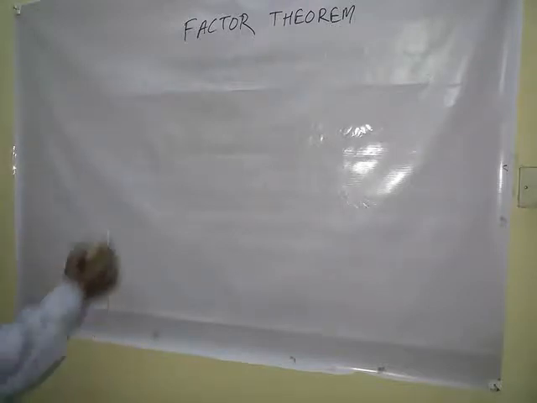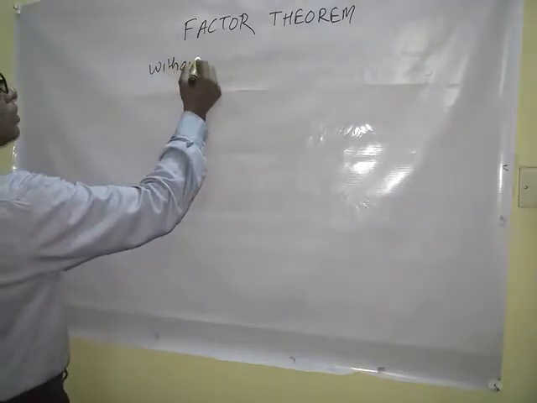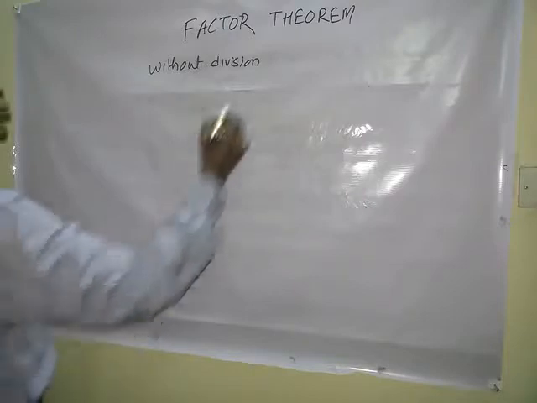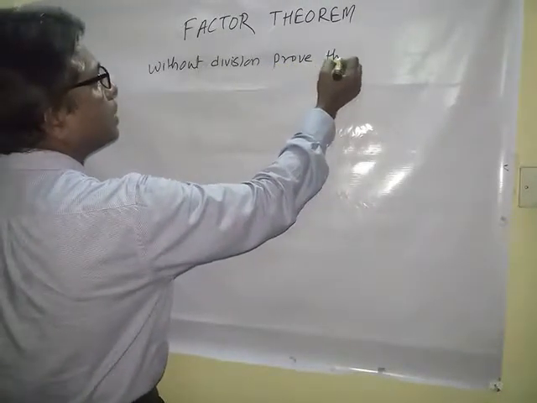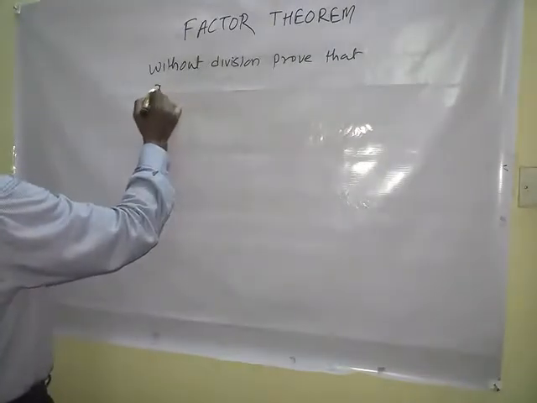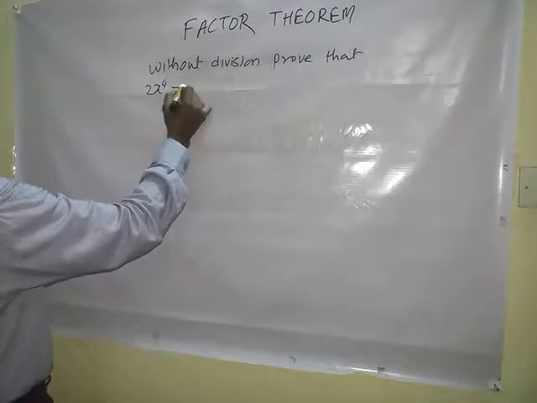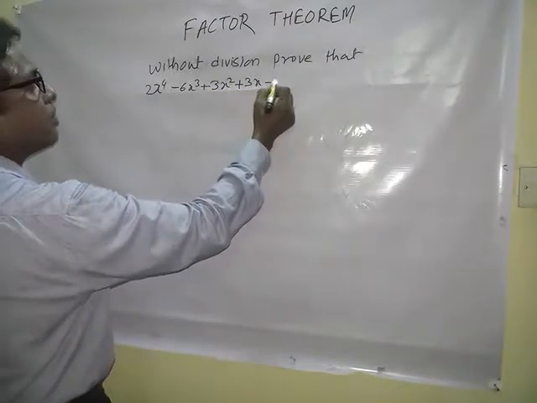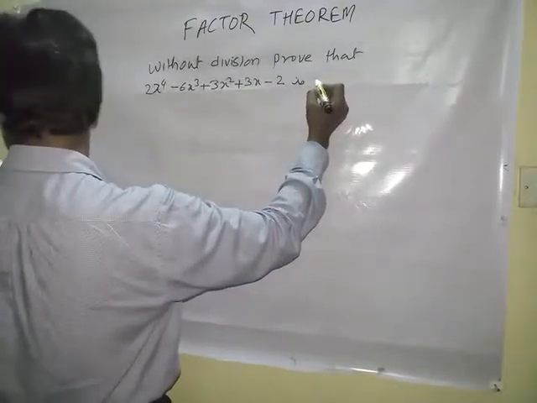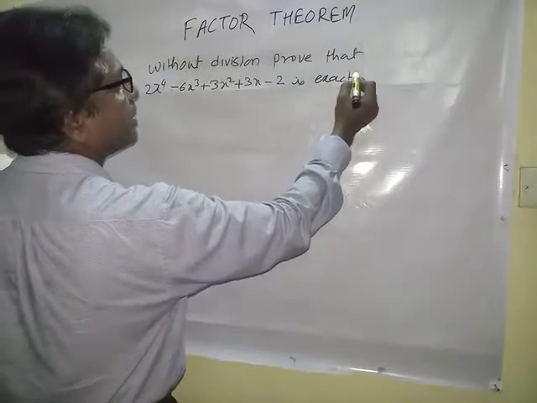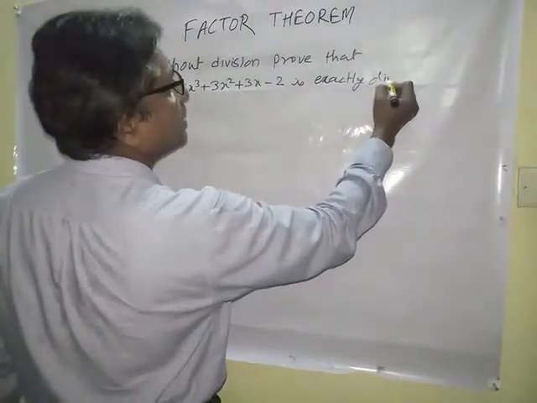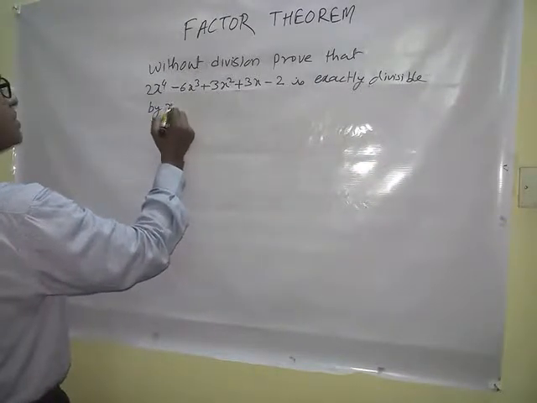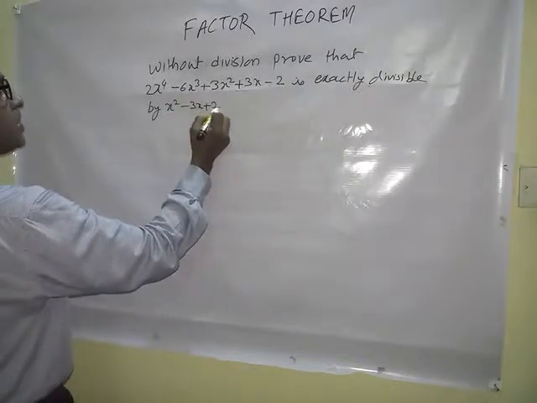Without actual division, prove that 2x raised to power 4 minus 6x cube plus 3x square plus 3x minus 2 is exactly divisible by x square minus 3x plus 2.